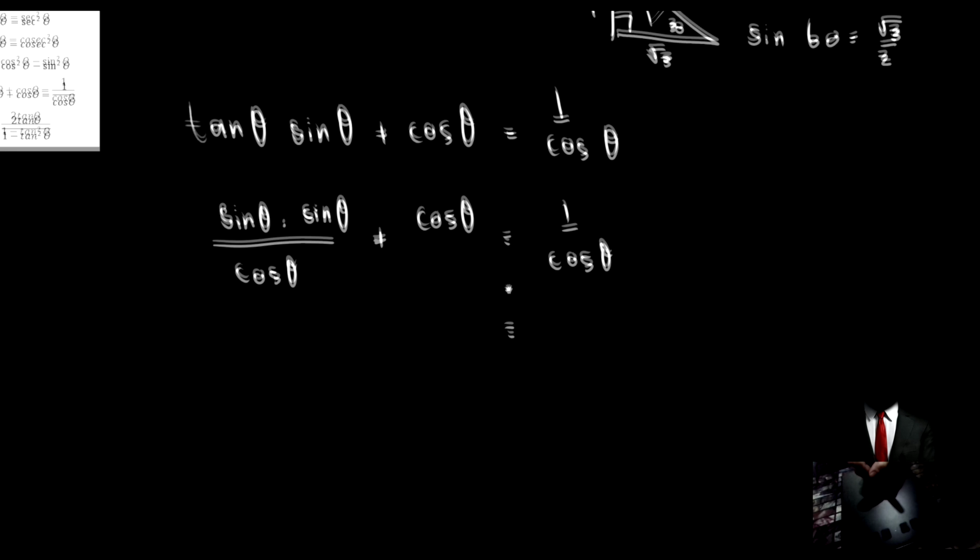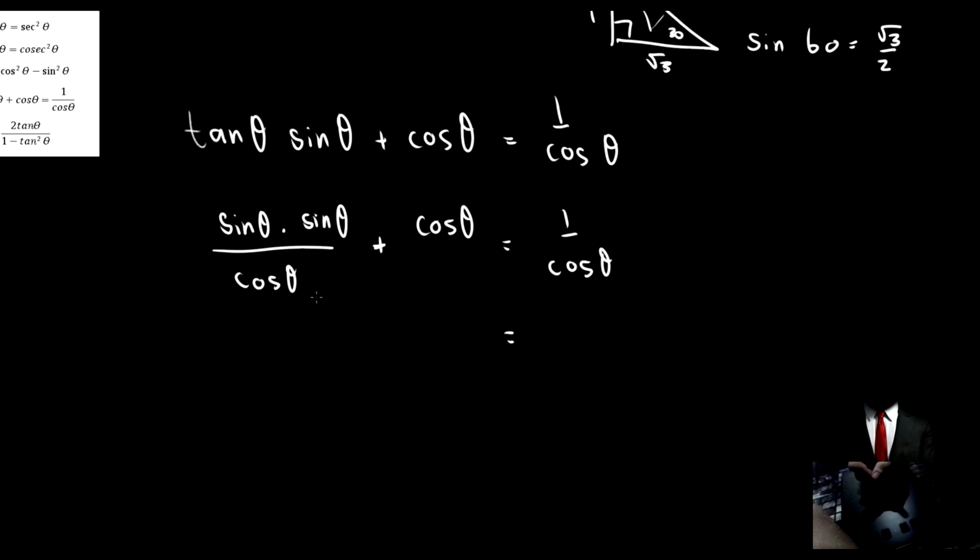Before I can add these two fractions together, I need a common denominator. In this case, my common denominator could be cosine theta. How do I do that? I multiply this one, both top and bottom, with cosine theta.